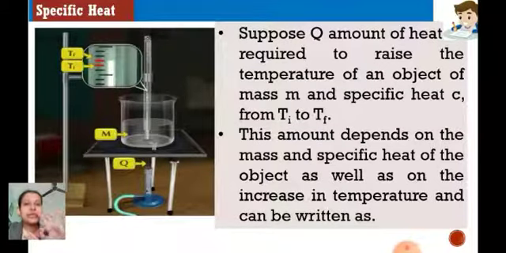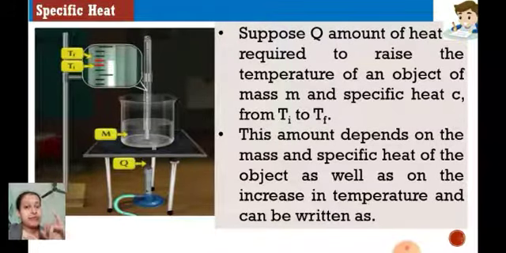One is mass, the mass of a given substance. Mass can vary, and therefore the amount of heat will depend on it. Sometimes you may take 1 kilogram, 2 kilograms, 100 grams, or 500 grams. So as mass varies, the amount of heat required will also vary.